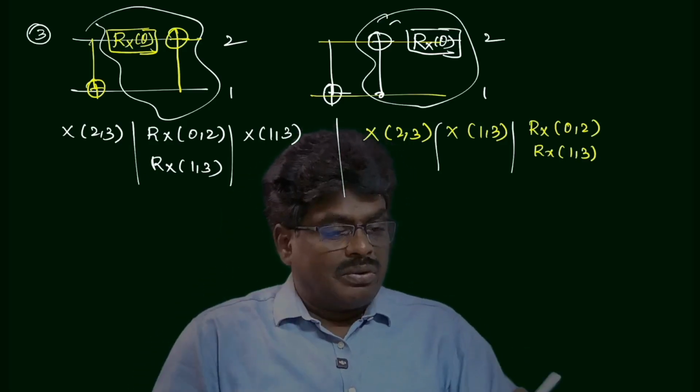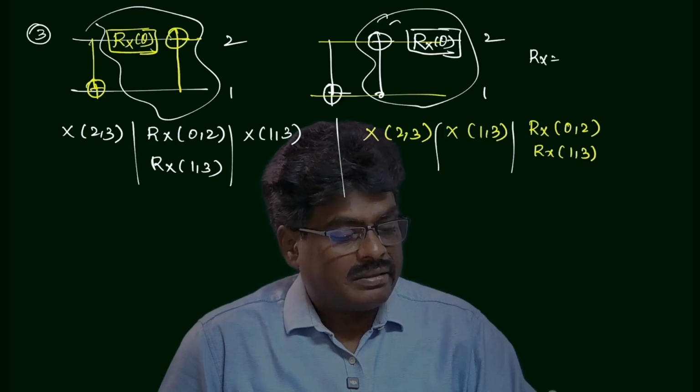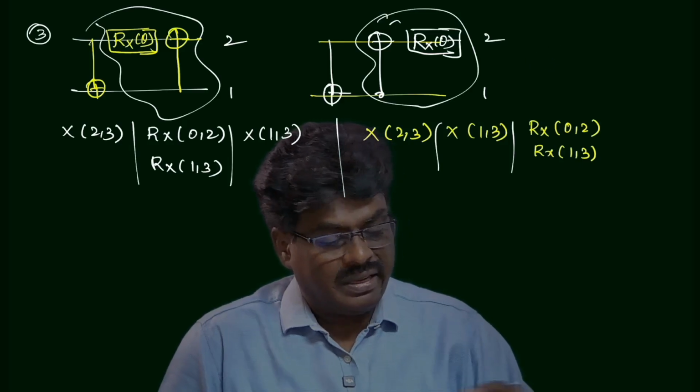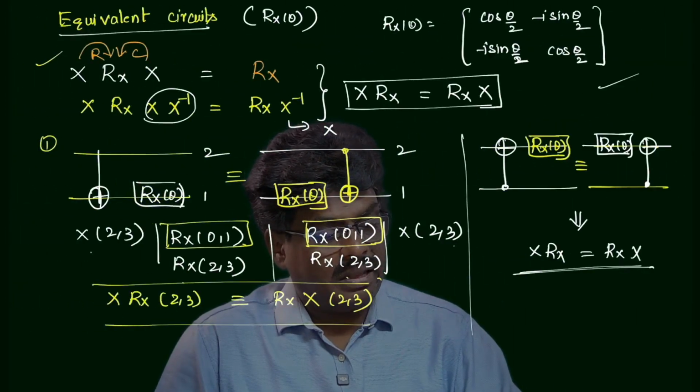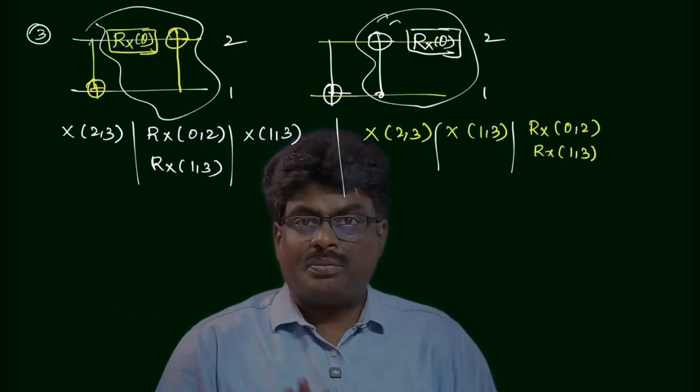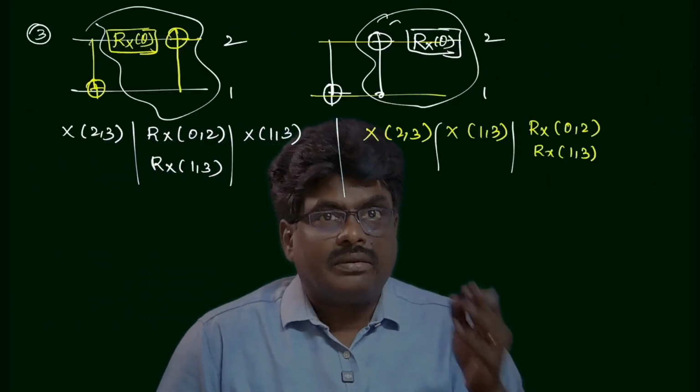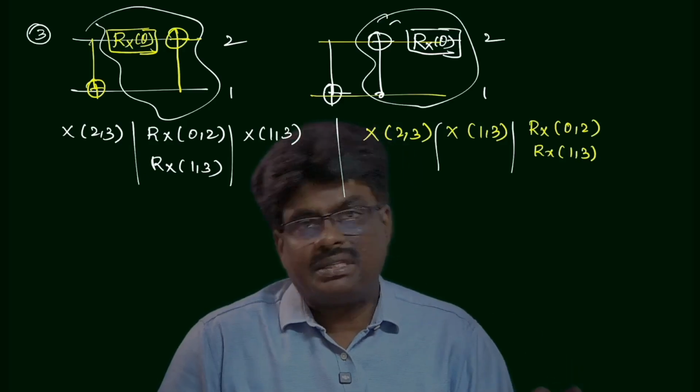So you know what is rx operator. So rx of theta already I have written here. So just go through this and apply. So first column off, second column on. I hope you know that. And in this bracket, first one is off, second one is on.